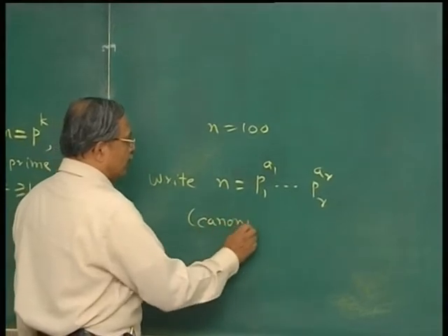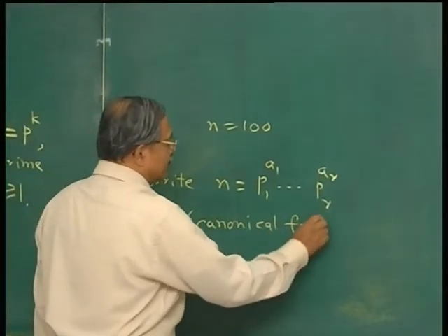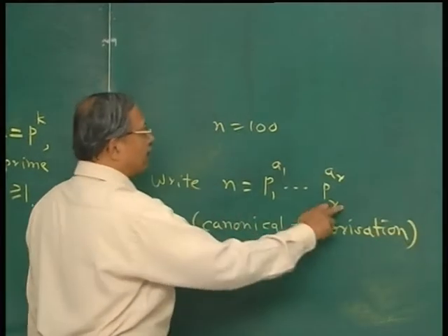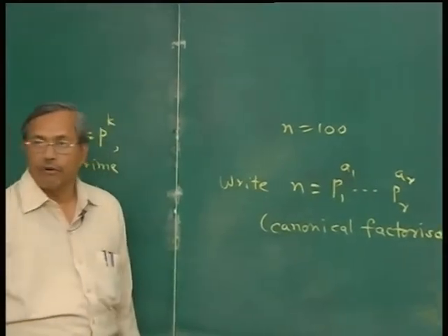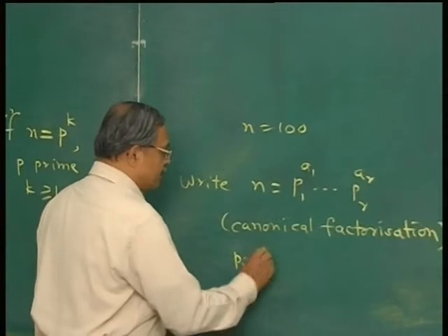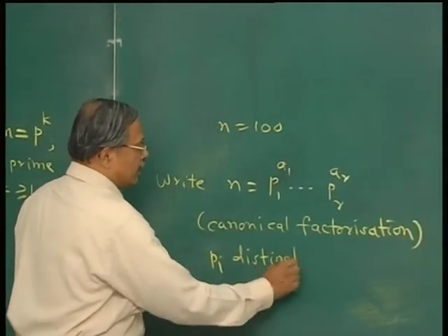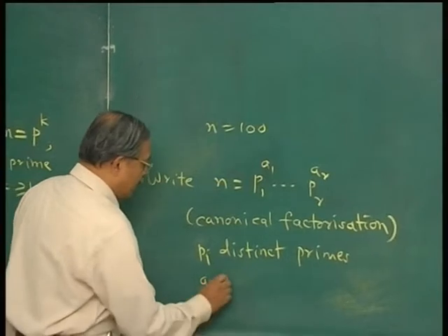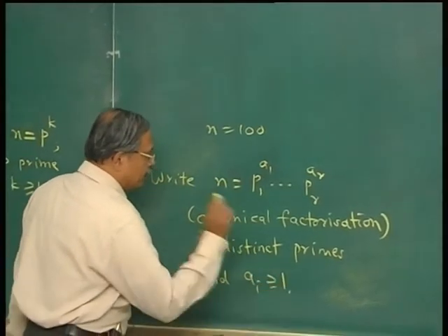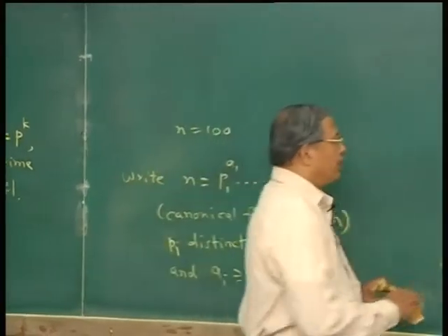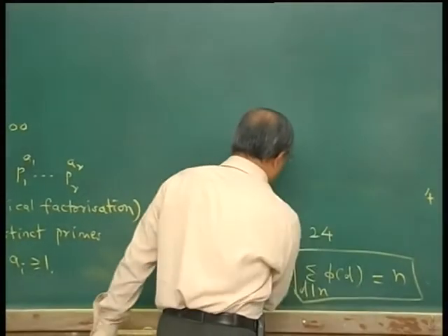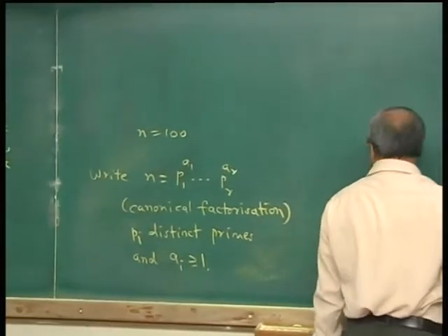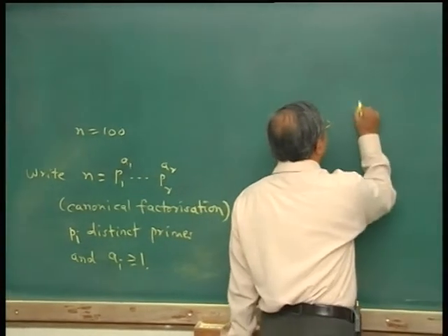Canonical factorization. That means pi are distinct primes and ai are bigger or equal 1. Now what are the divisors?